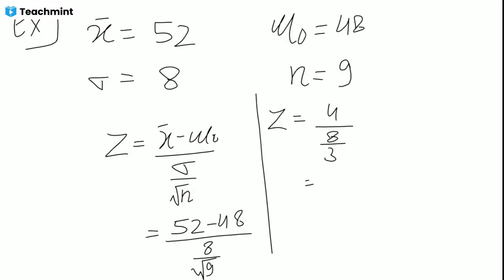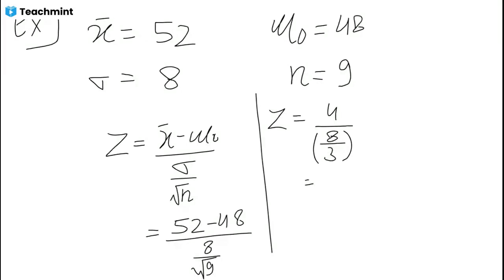Can you find the value when 8 is divided by 3, by using a calculator? 8 divided by 3 is 2.66. Okay, so 4 upon 2.66.